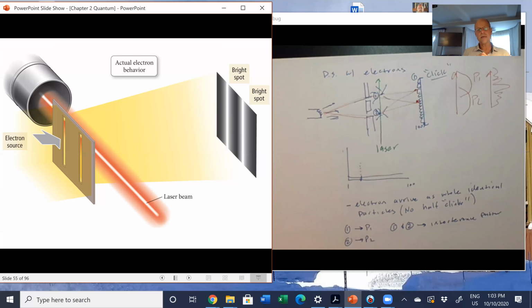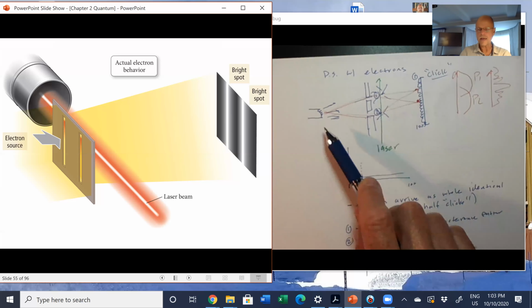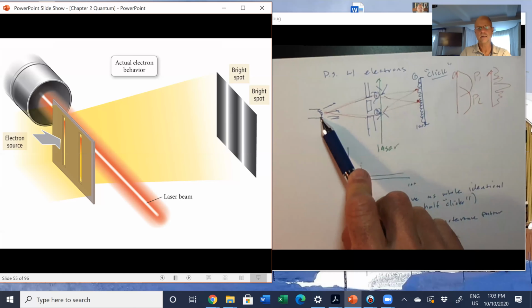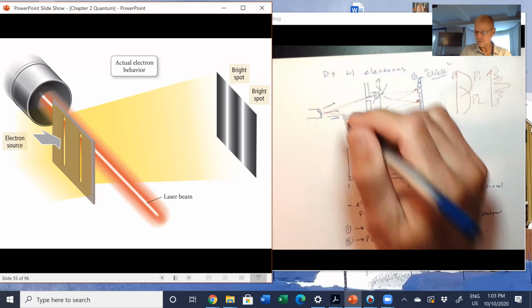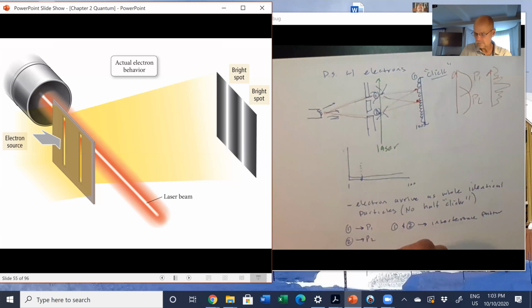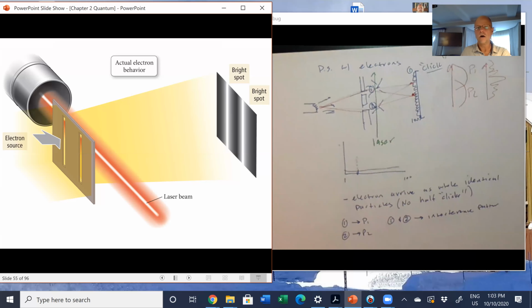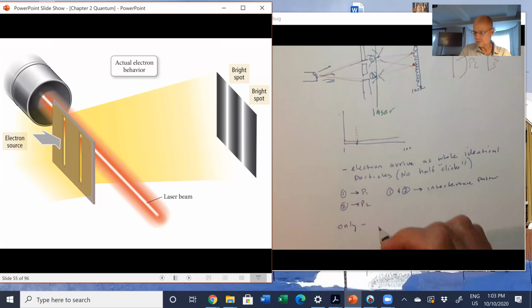In order to eliminate the possibility that there are 2 electrons going through at a time, let's turn this filament way, way down. All right? Let's turn it way, way down so that there's only one electron produced per hour.